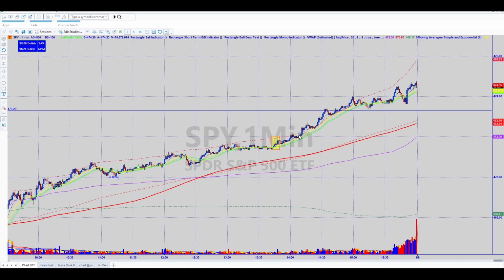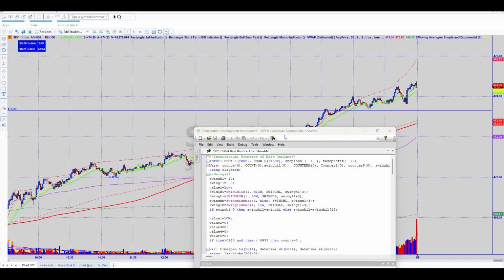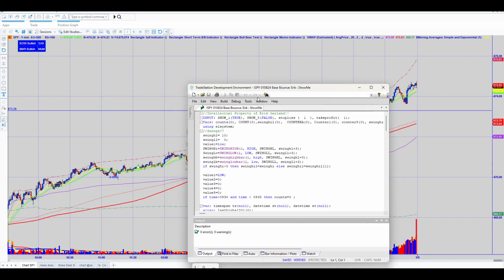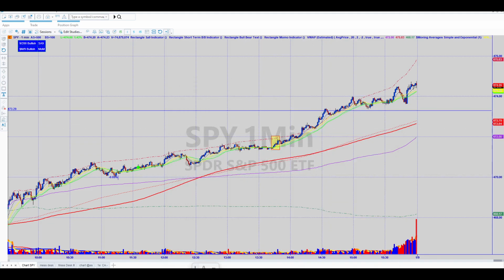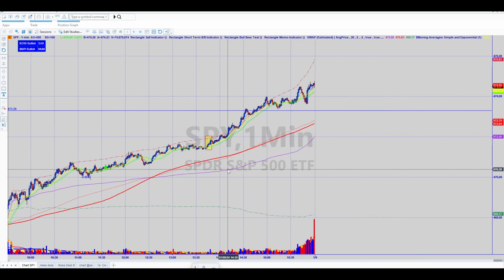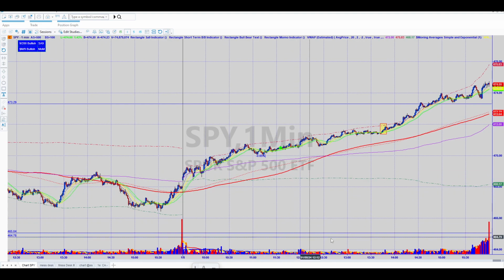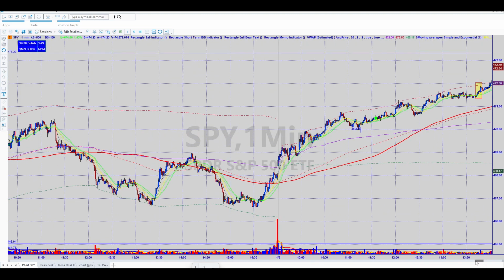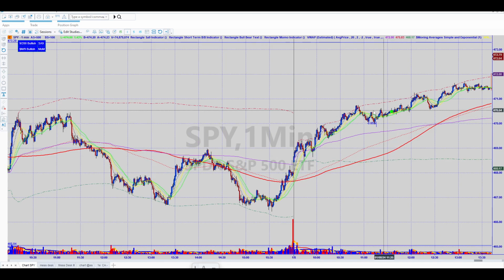It took me a long time to come up with this script, and it wasn't a very successful script, but I did learn some stuff along the way. So I think by that measure, it was useful. It was supposed to be just for pullbacks to go long, and it was supposed to work throughout this day here. But you see, I only got one indicator there.